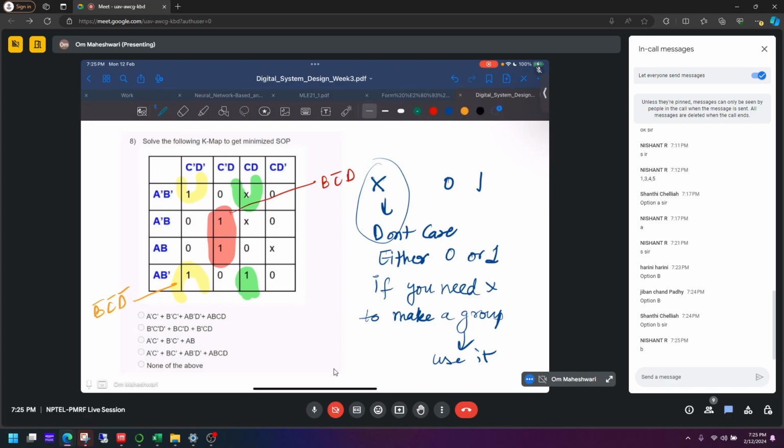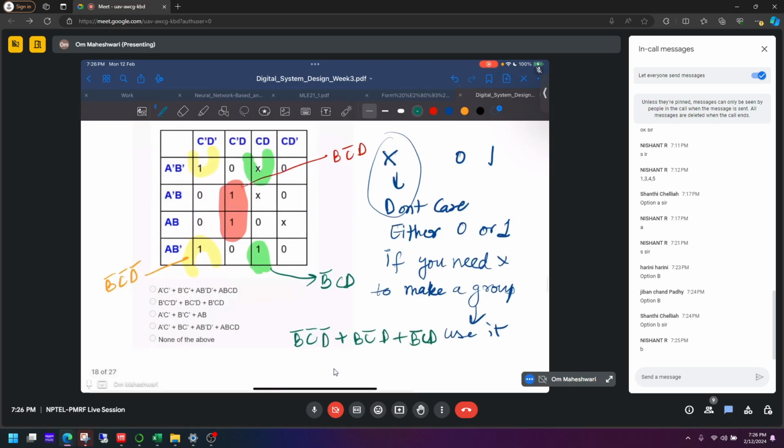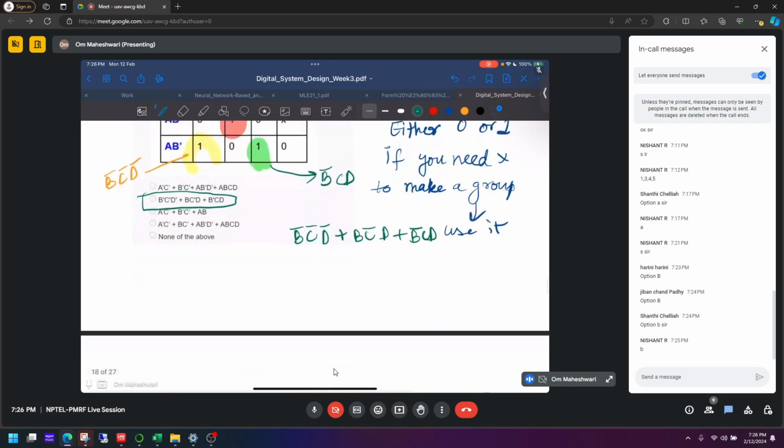And this is B bar, C, D. So you have B bar C bar D bar plus B C bar D plus B bar C D, which is option B. Okay, so almost all of you have got this answer. So let us see the next one.